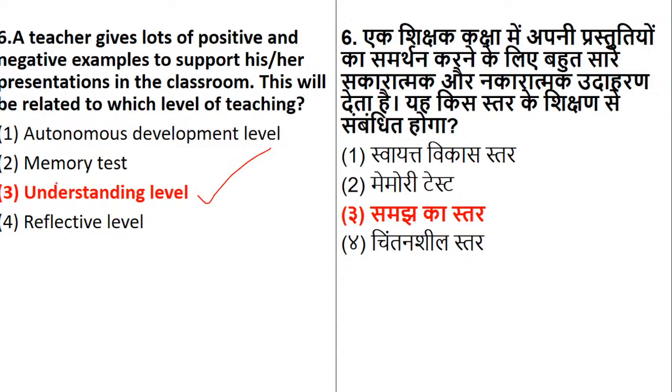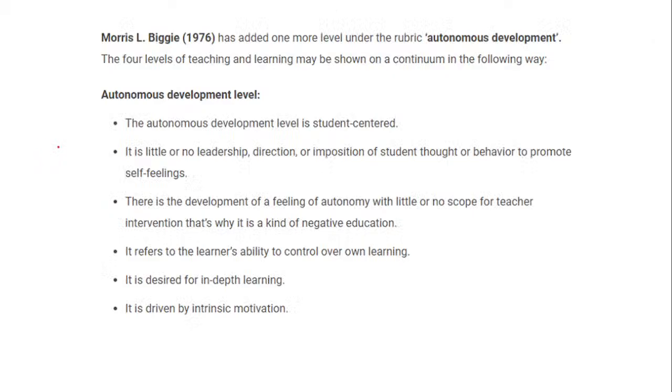Now as you all know, as per your syllabus we have 3 levels: memory level, understanding level and reflective level. You do not have this in your syllabus, but there is one more level, which you should be aware of, brought up as the autonomous development level. This is a level brought up by Morris only, added as one more level.